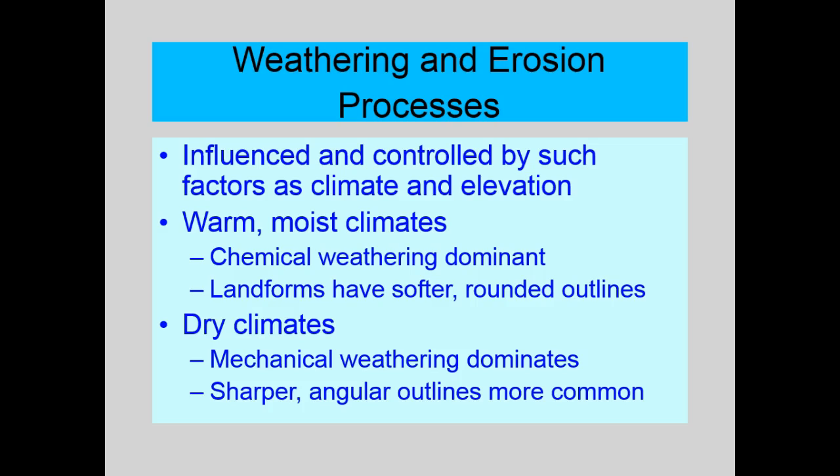They speed up, by a rule of thumb, every 10 degrees they double the rate at which they happen. Biological is pretty much the same way. You've got to have a warm, moist environment for those microbes and other things to grow, and when they're growing, they weather.